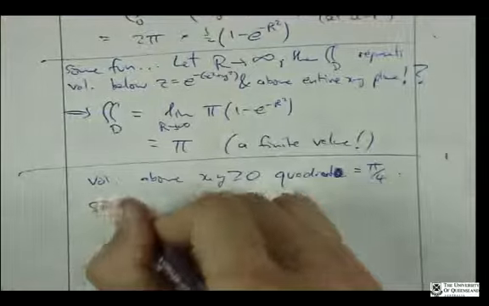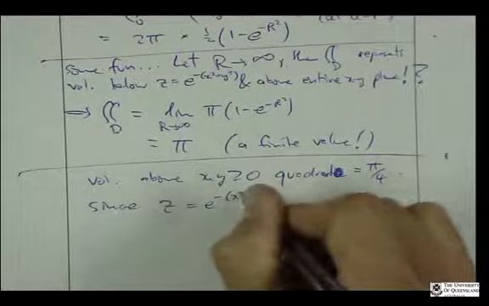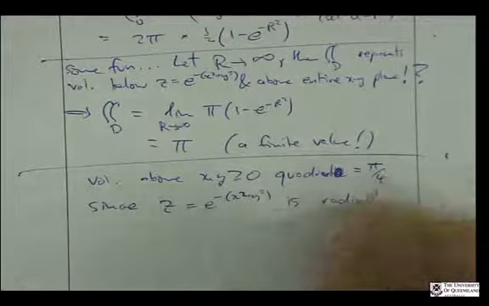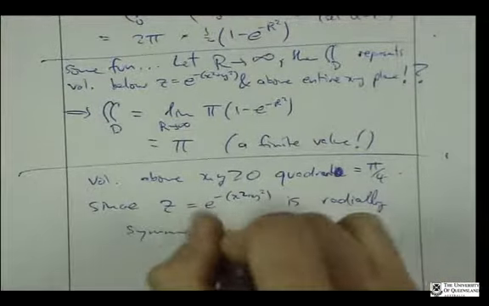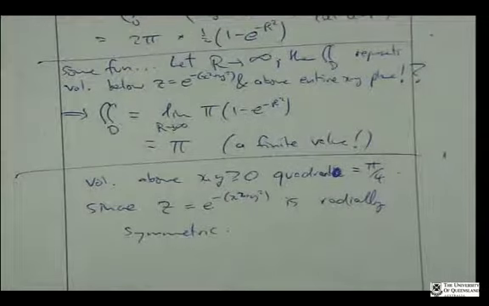And I'll just say, since z equals e to the negative x squared plus y squared is radially symmetric. So what I'm doing here is just thinking about this double integral and about what it means in terms of volume.